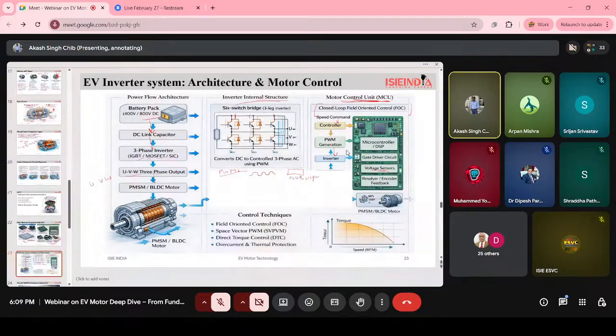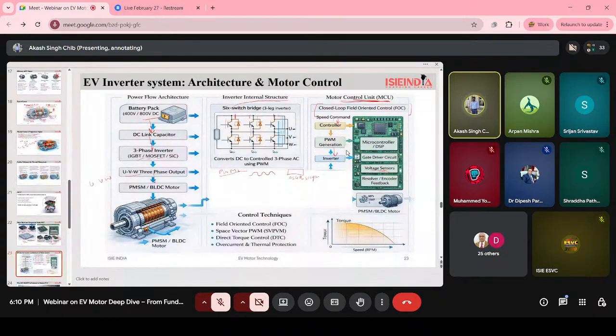Okay. Then here is the direct control vector, like phase response. It gives us a fast response, and overcurrent and thermal protection. Then the last one is our overcurrent and thermal protection, because when we give speed at high RPM, there may be chances of heat generation inside the motor.